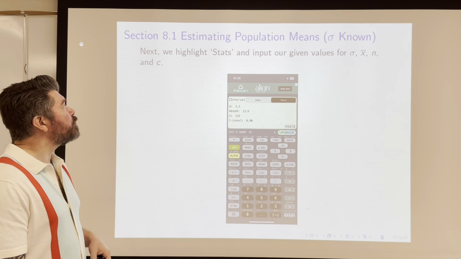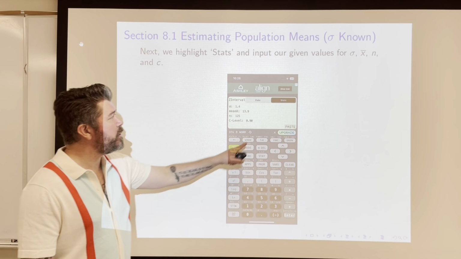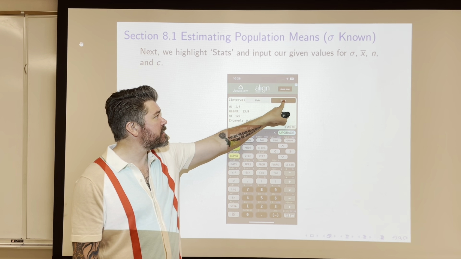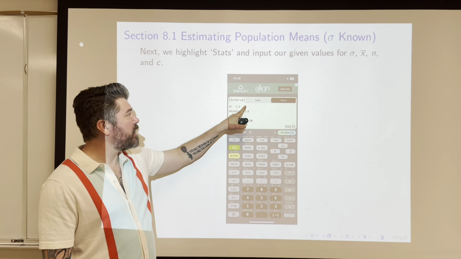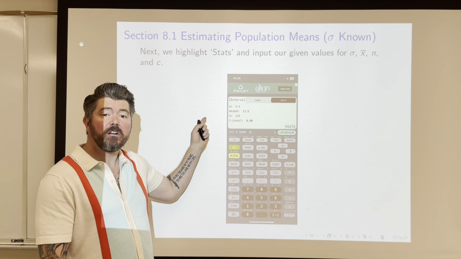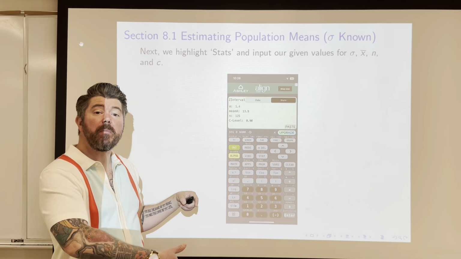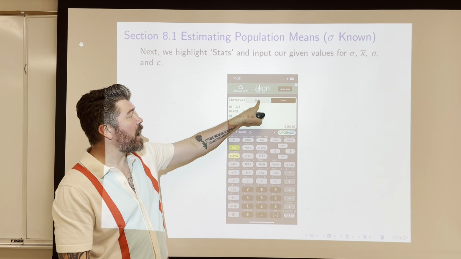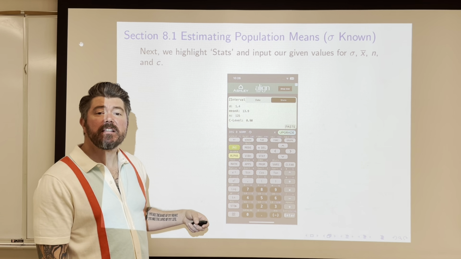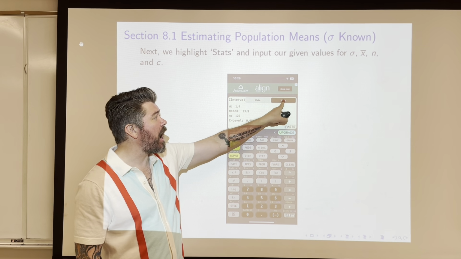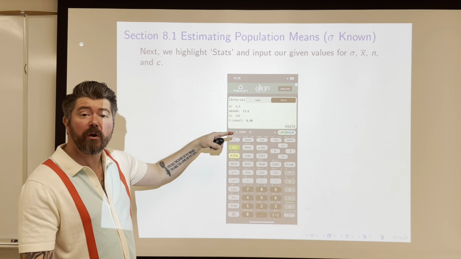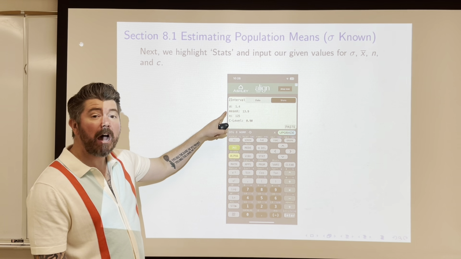Next, we highlight stats, because we want to input our stats. Now, if you have raw data, you can input your data into your edit feature, list it in column L1, and then highlight data. But in this case, they give us statistics, single numeric values. So we're going to highlight stats and plug in everything that we found and labeled.